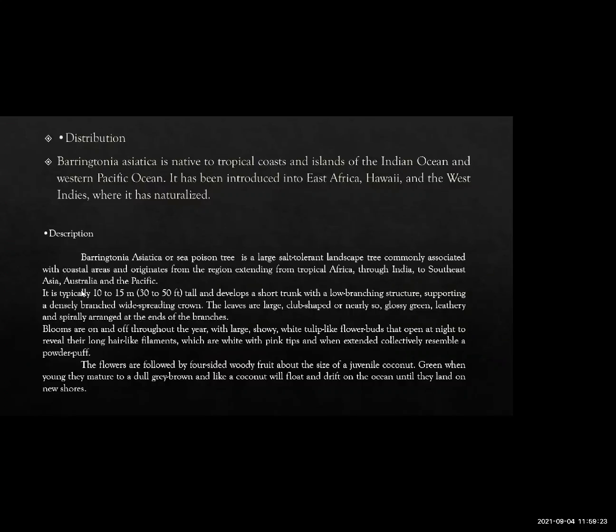Description. Barringtonia asiatica, or sea poison tree, is a large salt-tolerant landscape tree commonly associated with coastal areas, originating from the region extending from tropical Africa through India to Southeast Asia, Australia, and the Pacific.